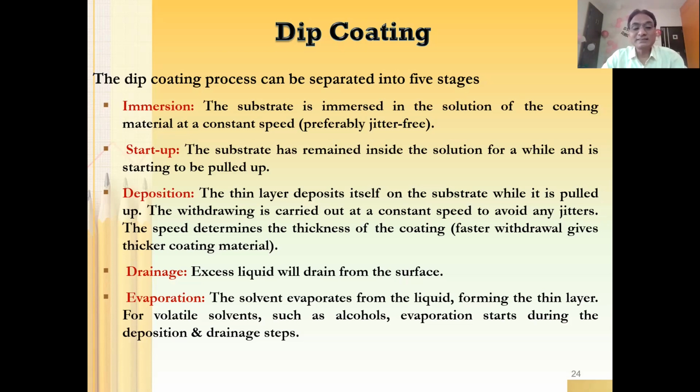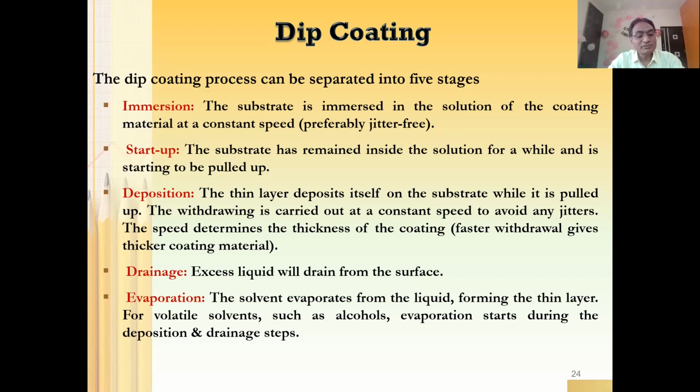Then next is drainage. Excess liquid will be drained from the surface because it might have many solvents and other precursors, so that excess liquid needs to be evaporated quickly on the substrate. And the next is evaporation. The solvent evaporates from the liquid, forming a thin layer.